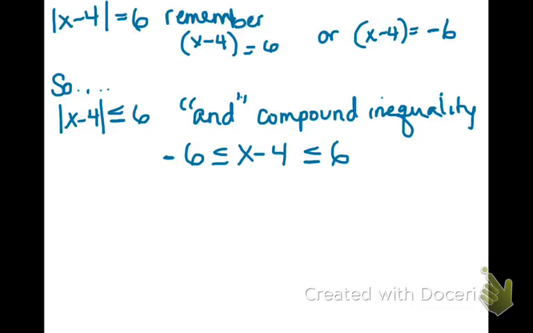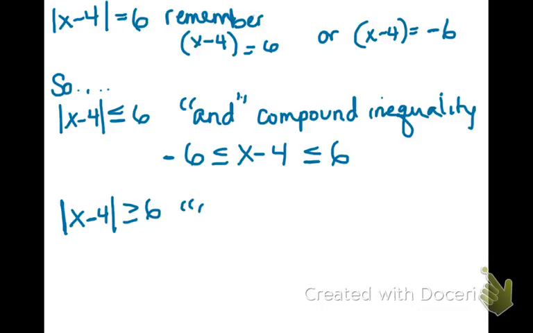Okay? What if we had this compound inequality, absolute value of x minus 4 greater than or equal to 6? This question is asking for when the expression inside the symbols is greater than or equal to 6 or less than or equal to negative 6.